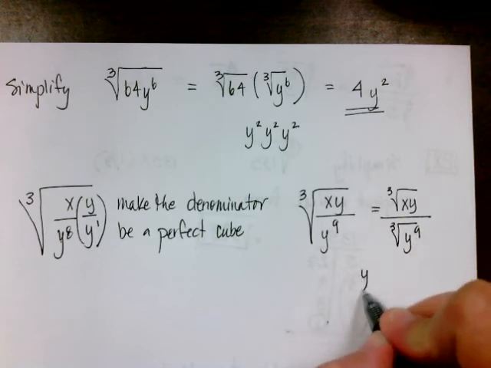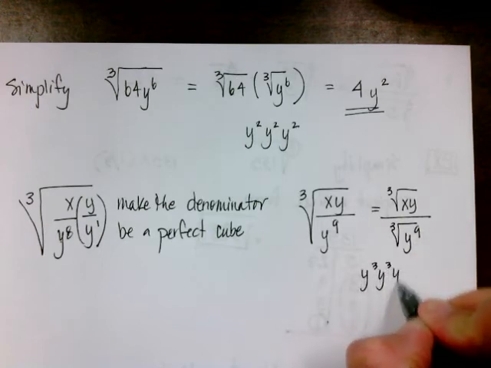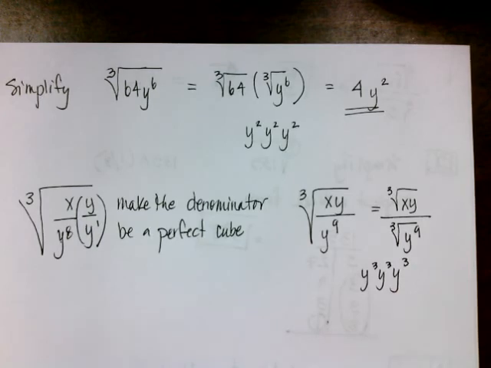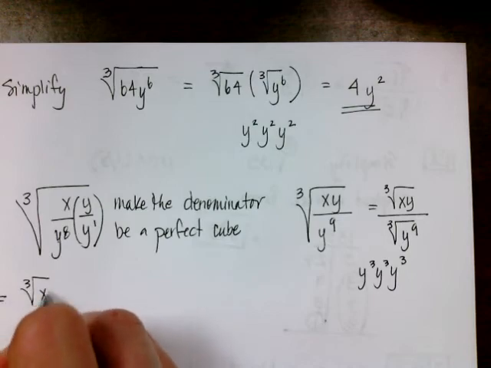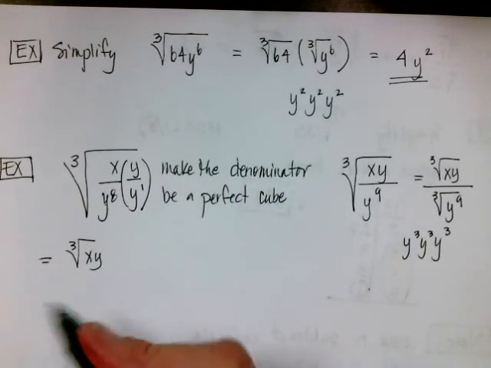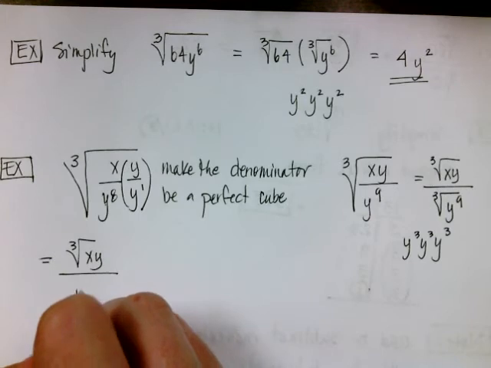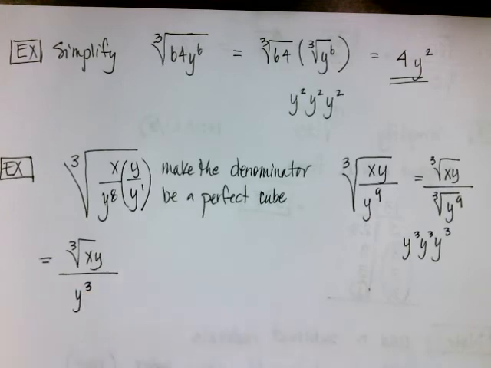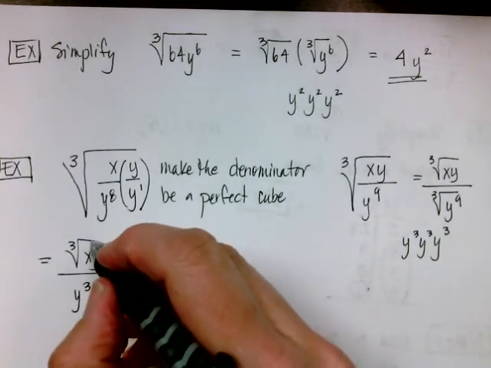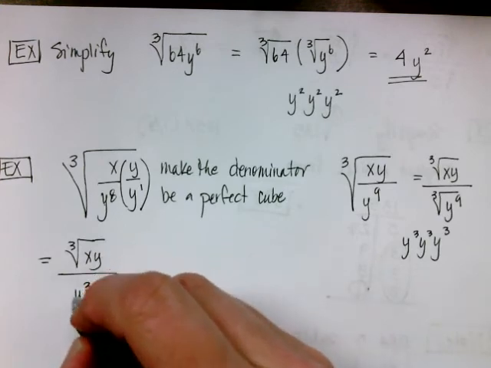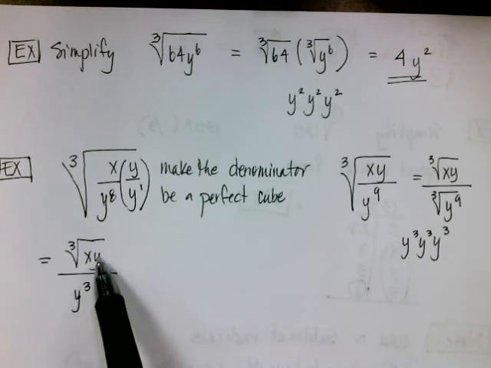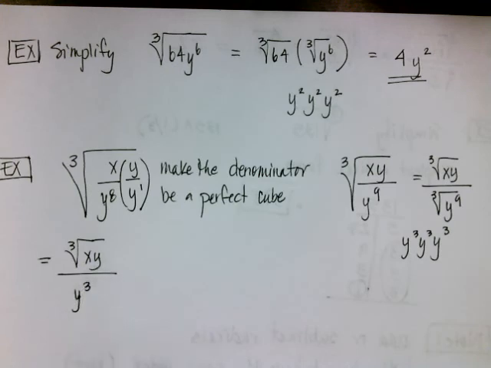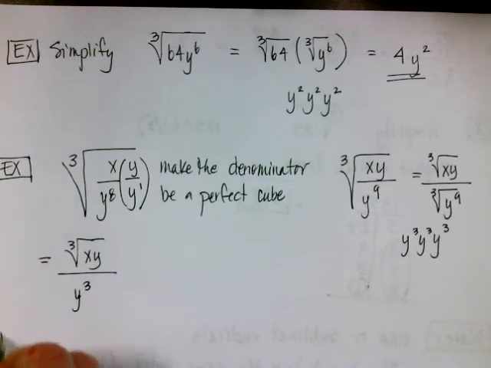I can get 9 by doing y to the third, y to the third, and y to the third, 3, 6, 9. So my expression would simplify to be the third root of xy, that I can do nothing else to, divided by y to the third. I cannot simplify this y and this y because this one is now no longer under a radical. If it were under a radical, it could play, but now that one's under and one's out, these two guys can't play together.